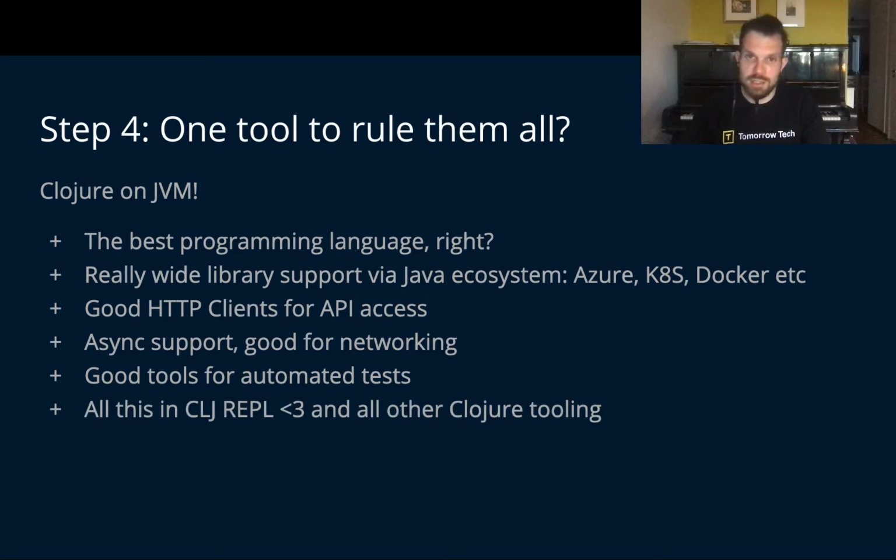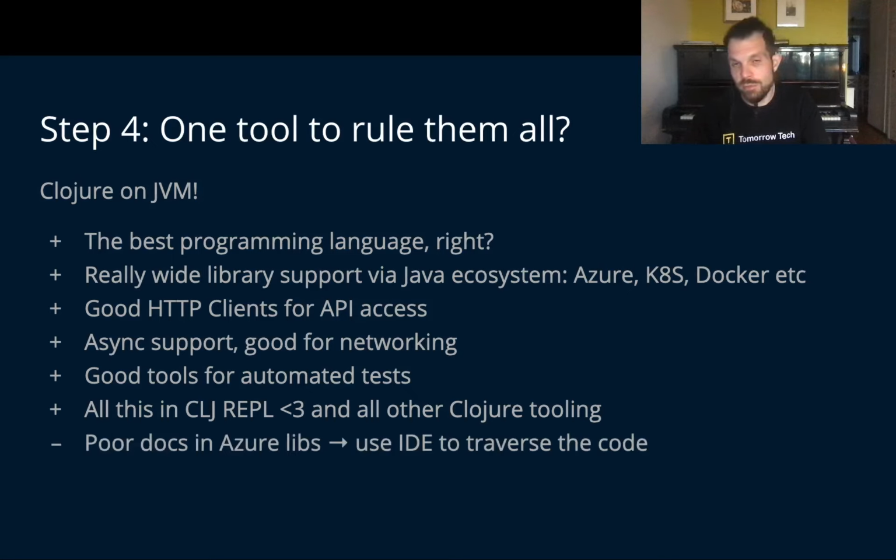And of course the CLJ REPL is really good, so it's even better than the Planck REPL, and all this integrates much better in our editors, for example, and with linting and stuff like that. So for example, we already had set up everybody with REPLs running in their editors and all that stuff. Now it just works.